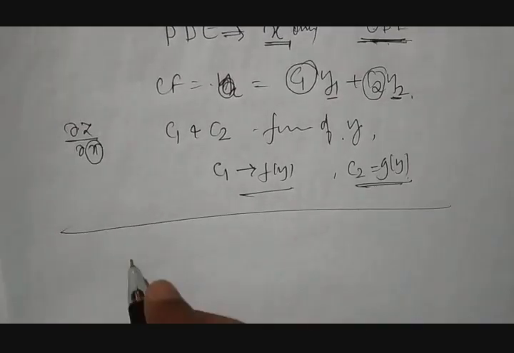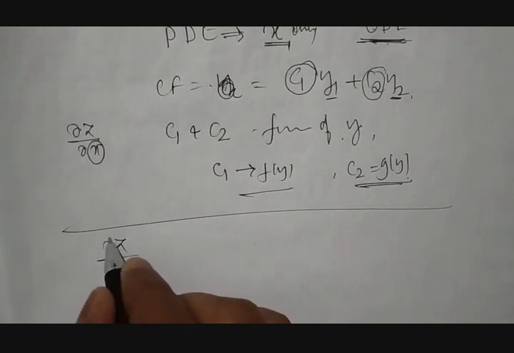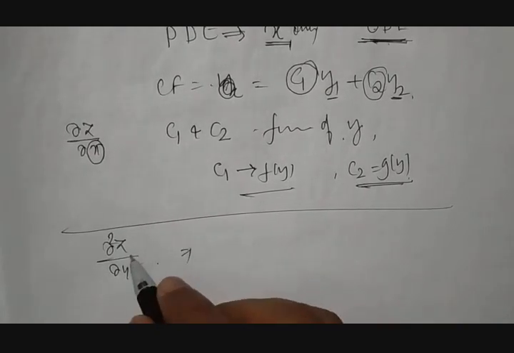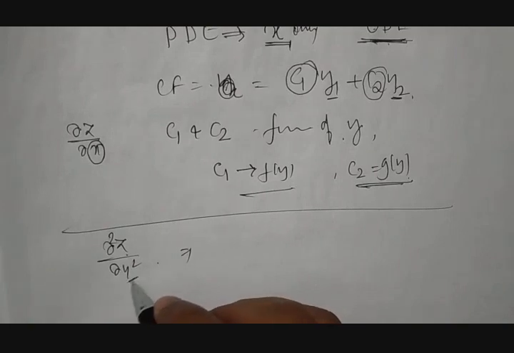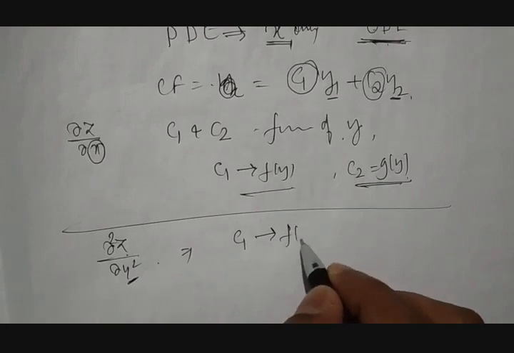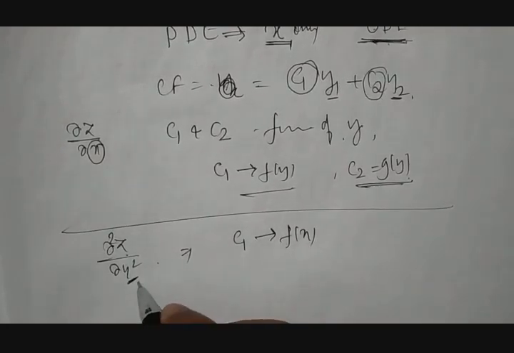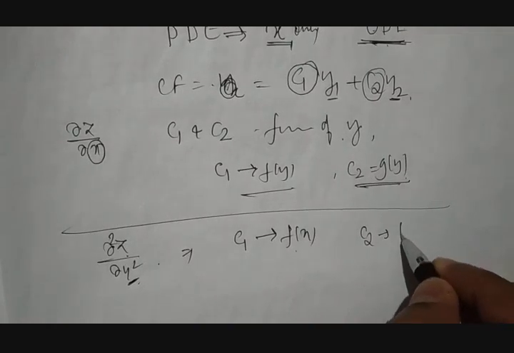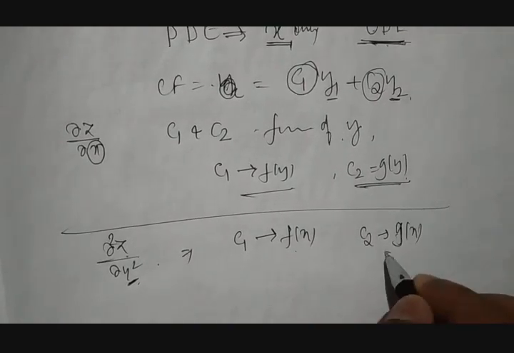Suppose dou square z by dou y square is available, means what? Here z is going to be differentiated with respect to y. There c1 will be replaced by f of x, other than y, that is x, and c2 will be replaced by g of x. Clear?